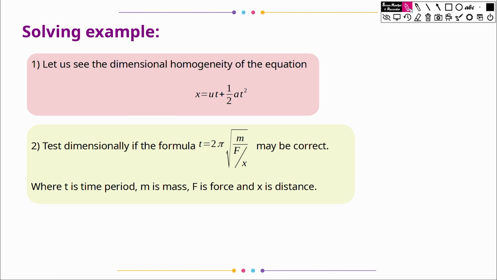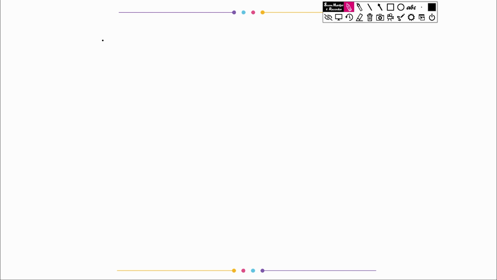So first we'll take the first example, that is x is equal to ut plus half at square. But before we check whether the equation is dimensionally correct or not, we'll try to understand what the equation is trying to tell.